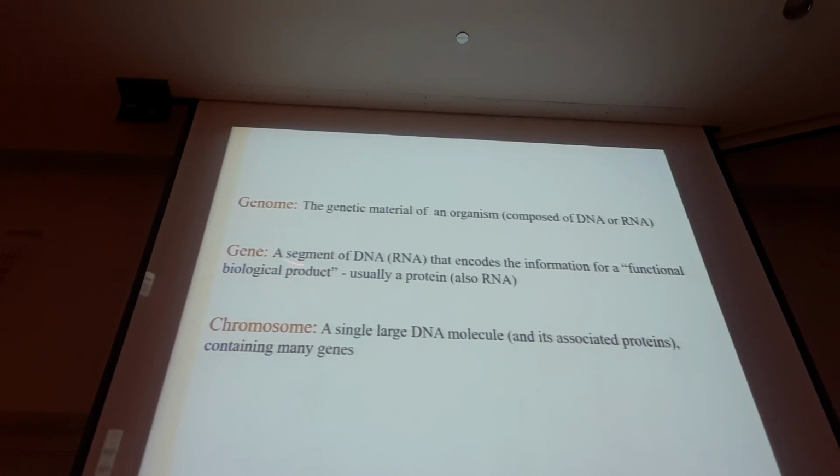Okay, so genes are simply segments of DNA, or in some organisms also RNA, so for simplicity we will just assume it's DNA, okay, that encodes the information for a functional biological product. The functional biological product doesn't necessarily always have to be a protein, but it could also be an RNA. Okay? But for simplicity, we will usually just think, okay, it's a protein.